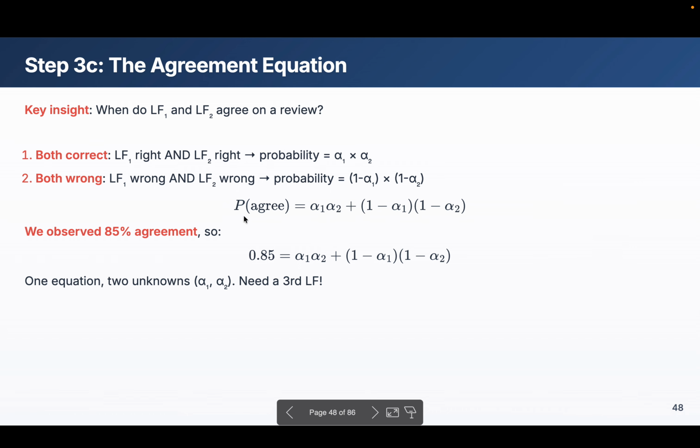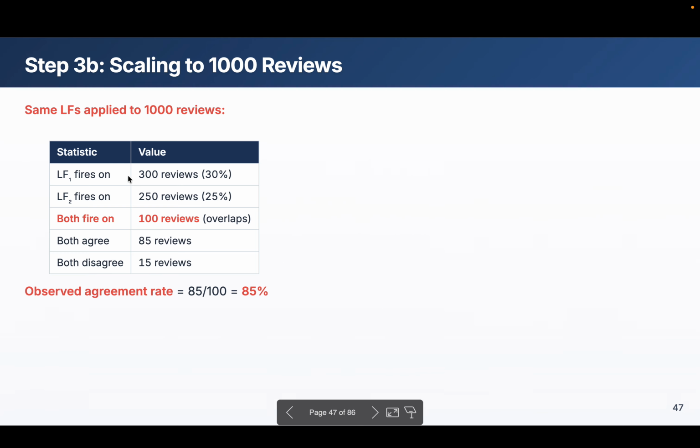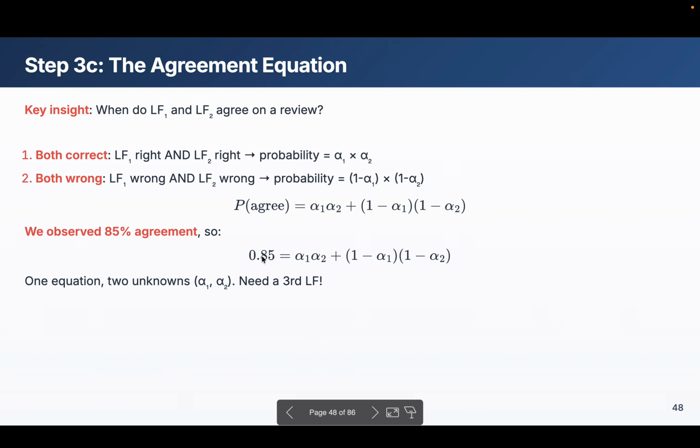The probability that both of them will agree is alpha 1 alpha 2 plus 1 minus alpha 1 into 1 minus alpha 2. And we had observed from the data that the overall agreement was 85%. So 0.85 is equal to alpha 1 alpha 2 plus 1 minus alpha 1 into 1 minus alpha 2. Can we solve for these alphas here?